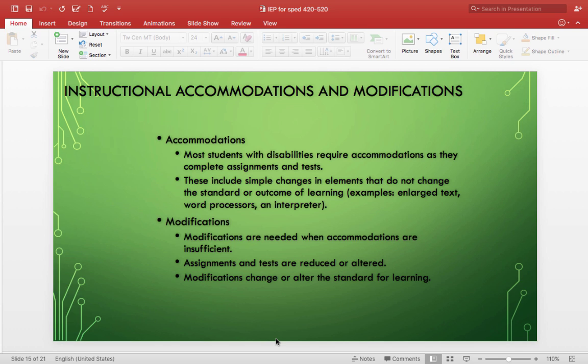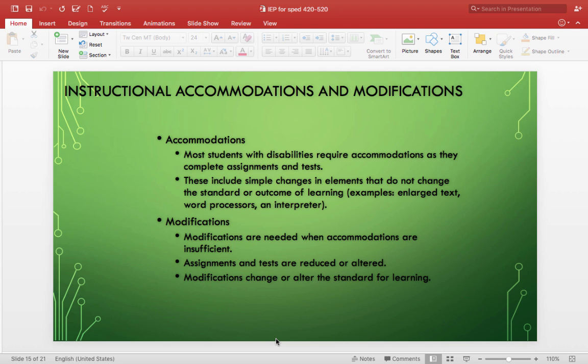A modification, now the big difference between accommodation and a modification is if we have a child who must have this accommodation in order to access the curriculum, then we call it a modification.